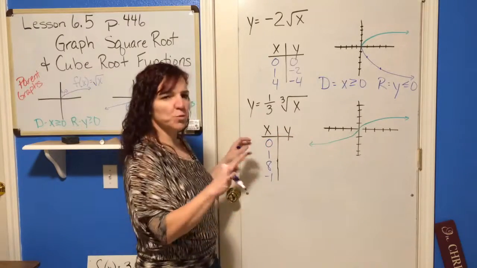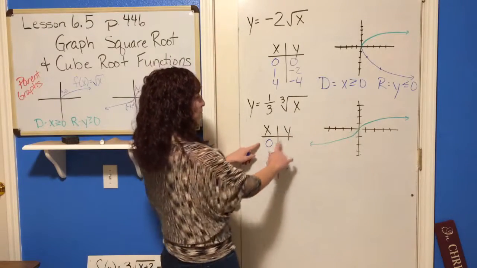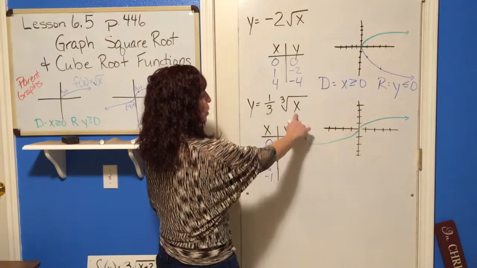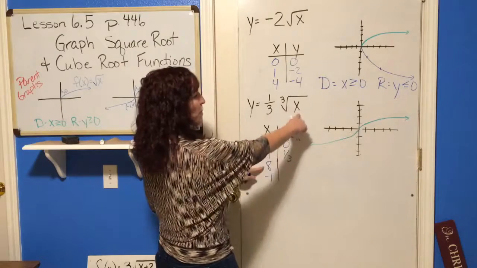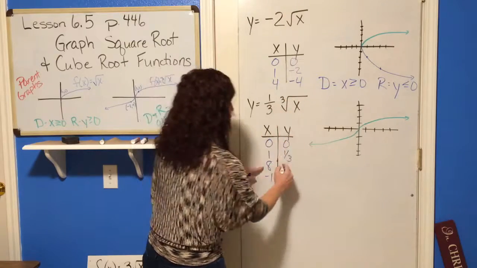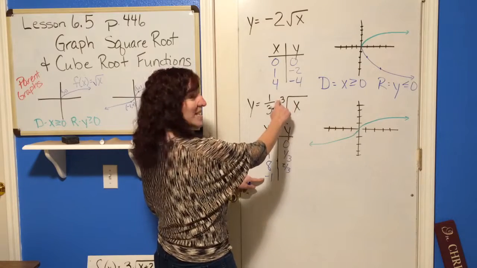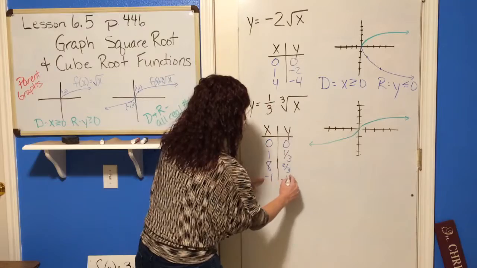And again, I've chosen some strategic numbers that are cube roots to make it easier for us to plot. So 0 is going to be 0, and cube root of 1 is 1, times 1/3 is 1/3. Cube root of 8 is 2, times 1/3 is 2/3, and -1, remember we can take a cube root of -1 is -1 times 1/3 is -1/3.